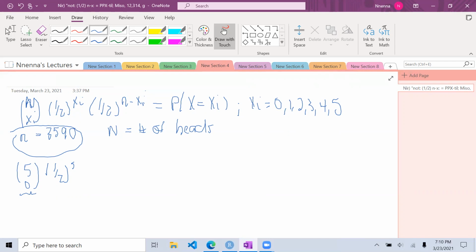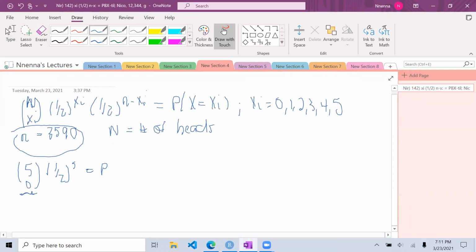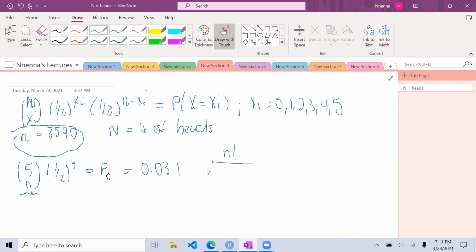But what should change is the combinatoric part, basically the factorial. This is going to be for, let's say, p0. What you're going to end up with is 0.031, because the combinatorics here ends up being n factorial over x factorial times n minus x factorial.